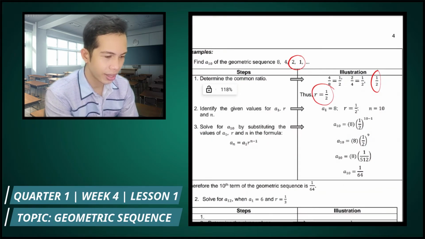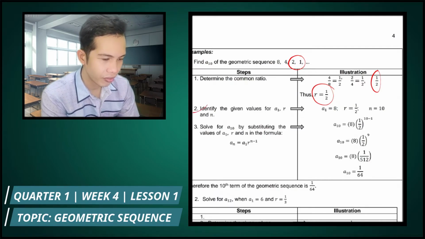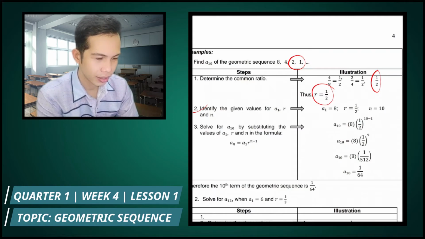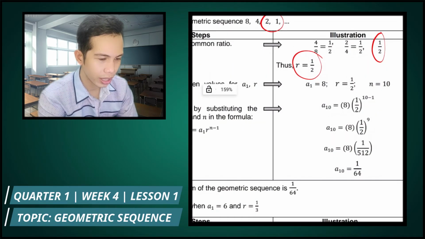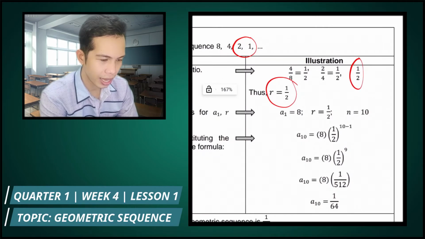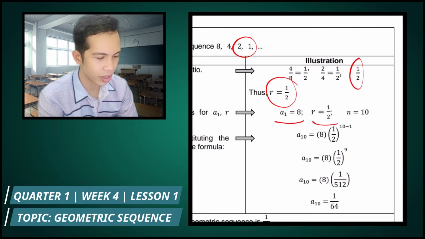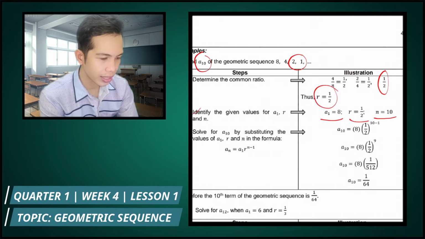Next, we are going to identify the given values for a sub 1, r, and n. So our a sub 1, or the first term, is 8. Our r, which is already 1 over 2, and n is 10. Next, we are going to solve for a sub 10 by substituting the given values in the formula.